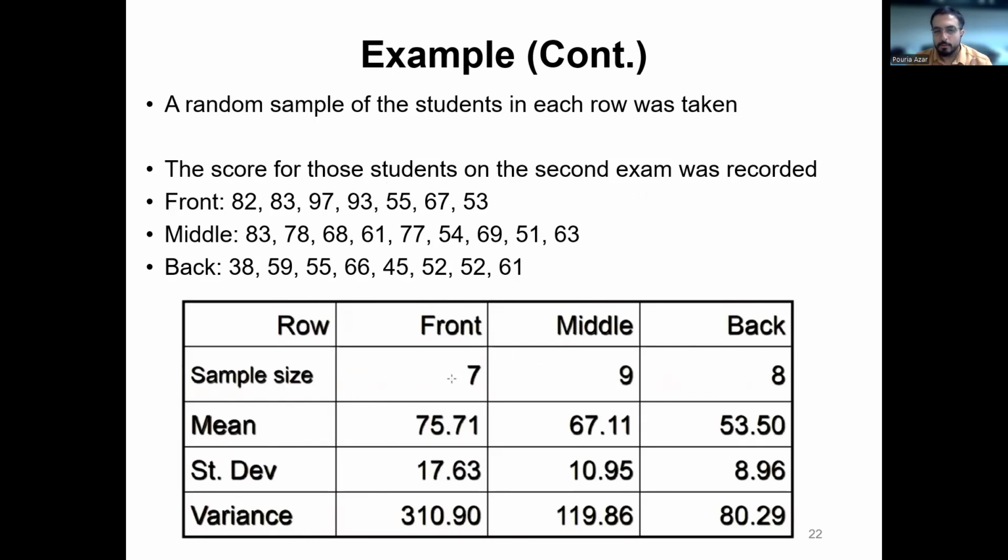For the middle row, the score for the exam can be from 51 to 83. So we have a variation in the score in the middle row. For the back row, we have also some variations from 38 to 66.